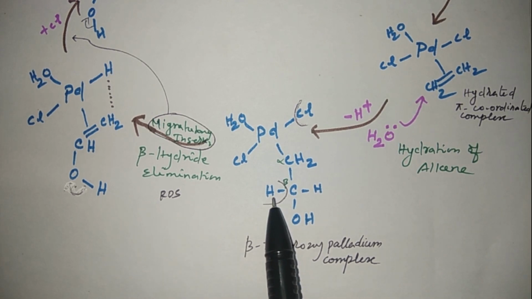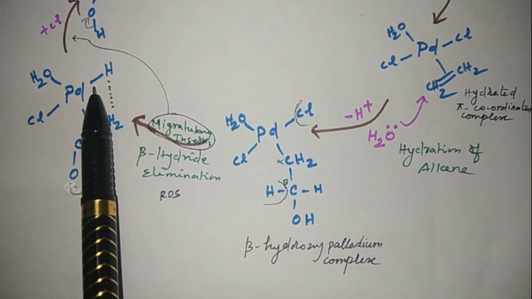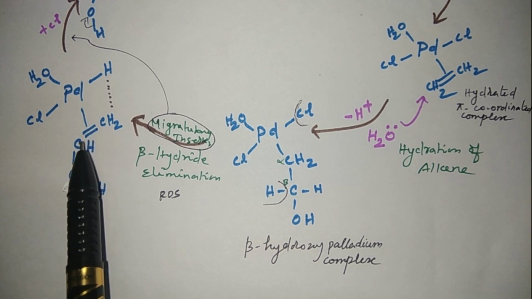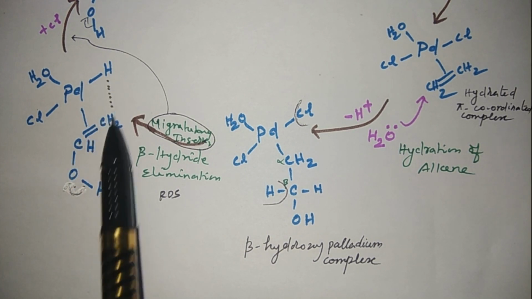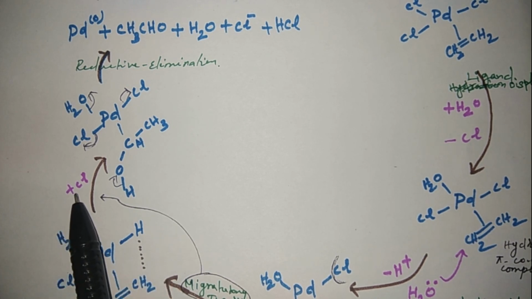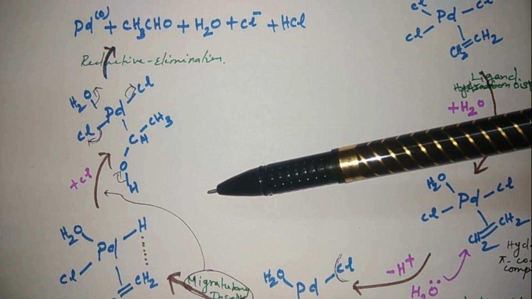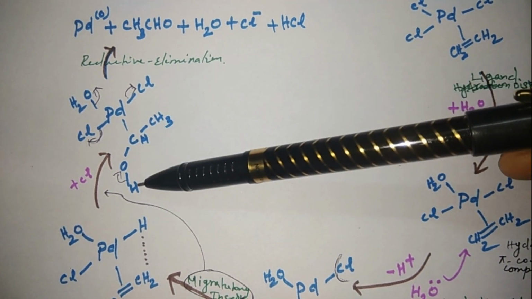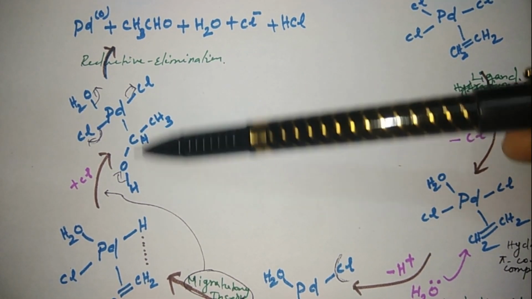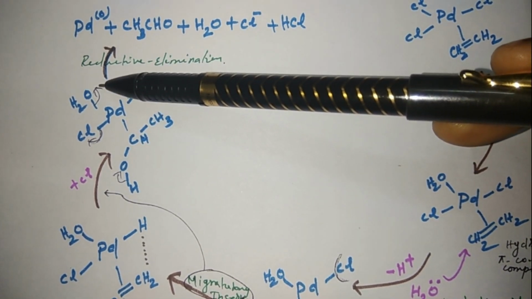That hydride ion enters into the palladium. In this complex, insertion of hydrogen takes place. In this step, migration and insertion takes place with the addition of Cl ion. Cl ion enters here. From this complex, H+ ion is eliminated and 2 Cl- ions are also eliminated. Water molecule is eliminated.